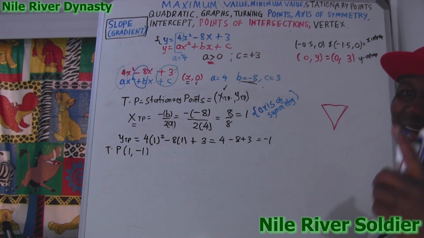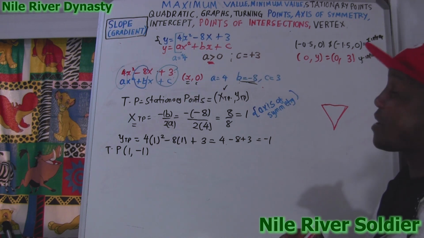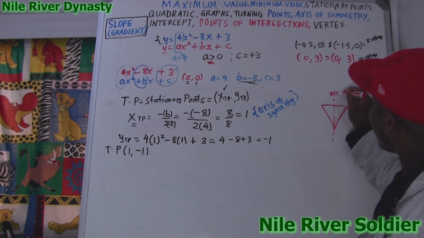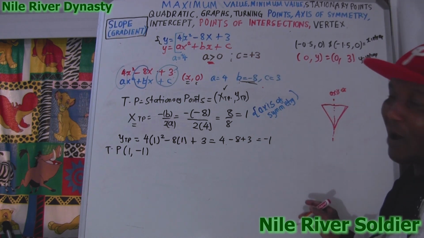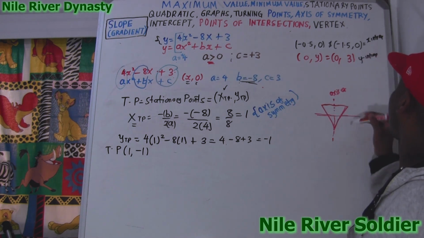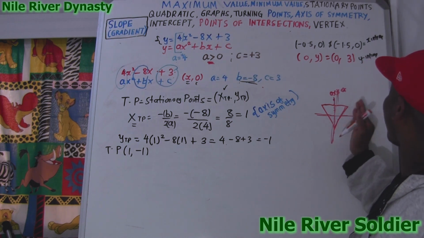Symmetry is the line whereby when you split whatever you have, it gives you two equal parts. So this axis of symmetry, we have only one because this gives you the same half. But if I do it like this, it's not an axis of symmetry because it's going to look different. If I split here, it's going to have the same thing.